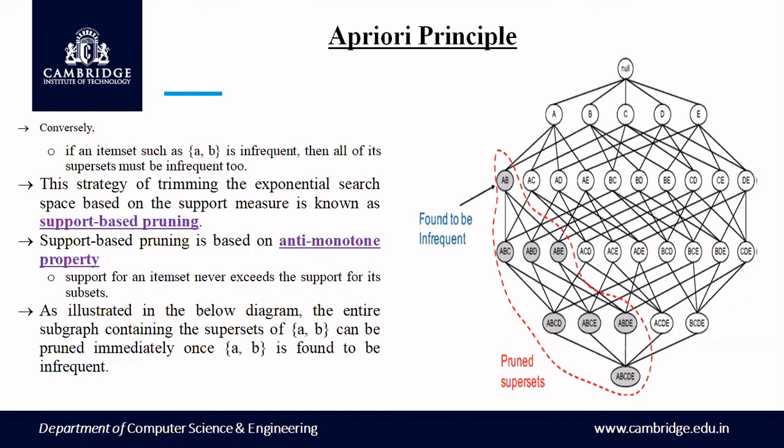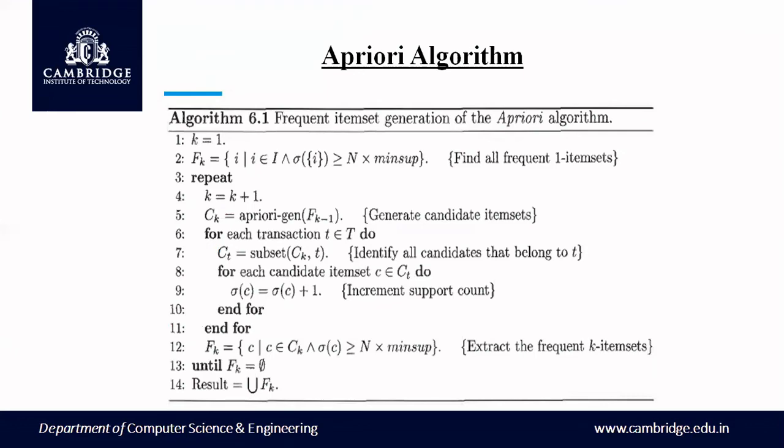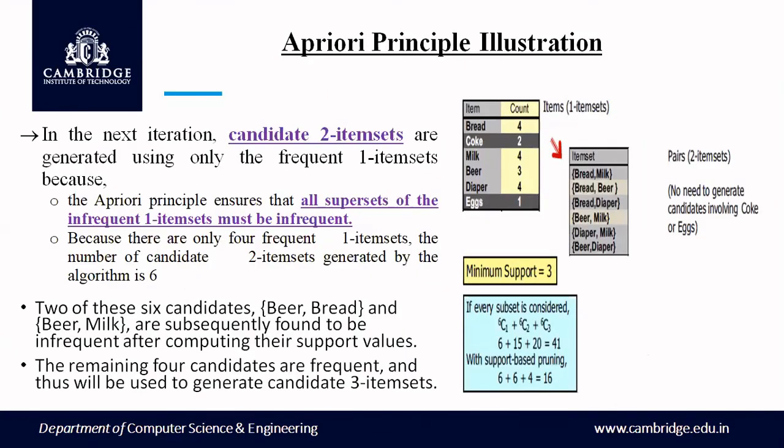The same generate and test applies for every level, level 2, level 3, level 4, and finally we reach level 5. So in every level, we try to minimize the candidate item sets generated for the next level, because in the beginning level itself, we prune off the candidate item sets which don't satisfy the minimum support count. So in the next step of generating further candidate item sets, the computation gets reduced, and the computation related to frequent item set generation is also improved to a great extent in the a priori principle.